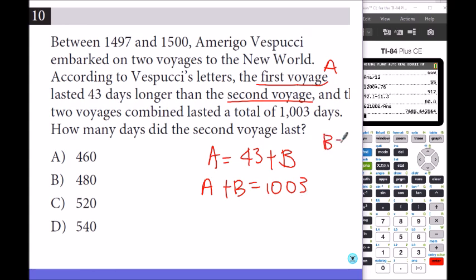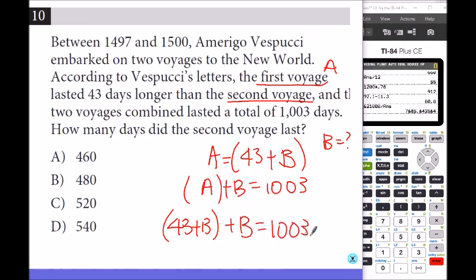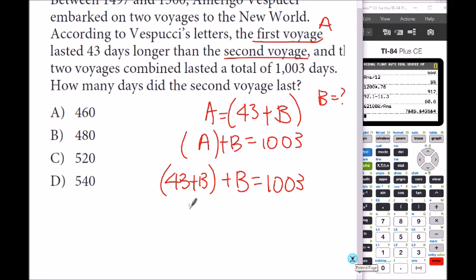So we are looking for B. We already have what A is, so substitute 43 plus B for A, and copy the rest down to solve for B. So here I have 43 plus B plus B, so 2B equals 1003 minus 43.